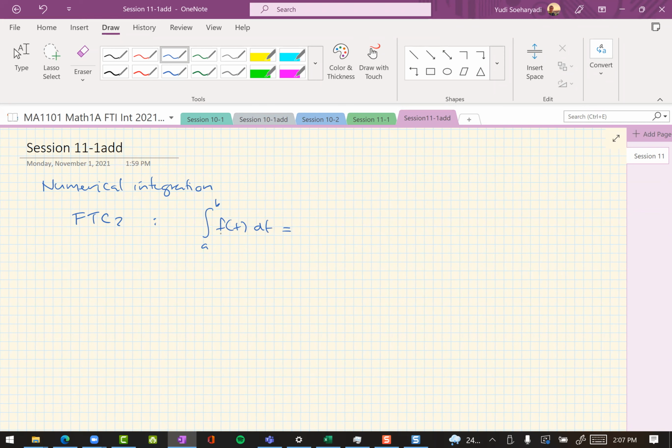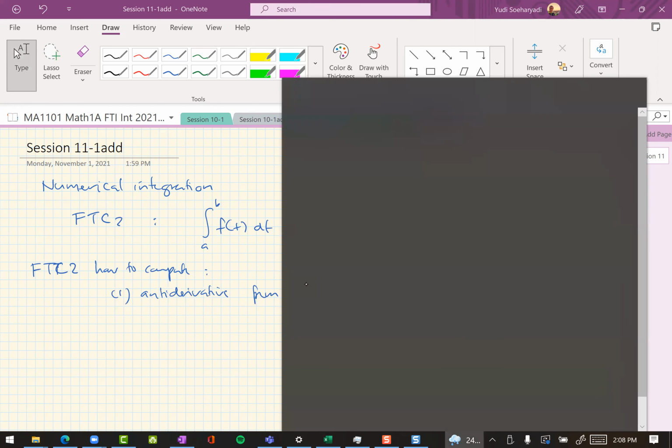A definite integral is obtained by, well, you compute FTC2 like this. First, you compute the antiderivative, using the indefinite integral.